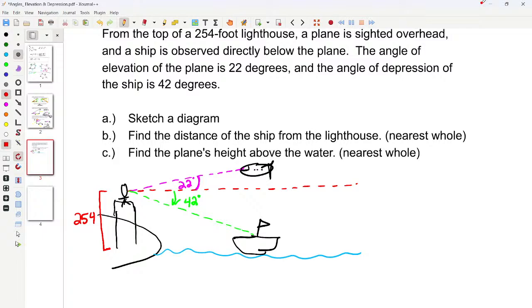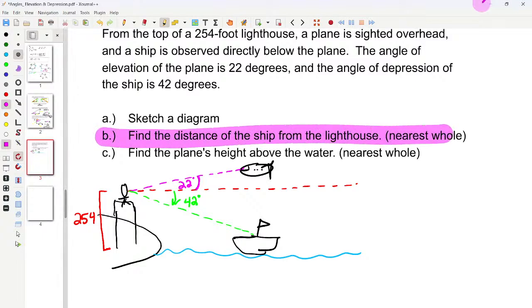Find the distance of the ship from the lighthouse. So we want this distance right here. I'm going to highlight that for us, the distance from the ship to the lighthouse. We're looking for the base of that triangle.